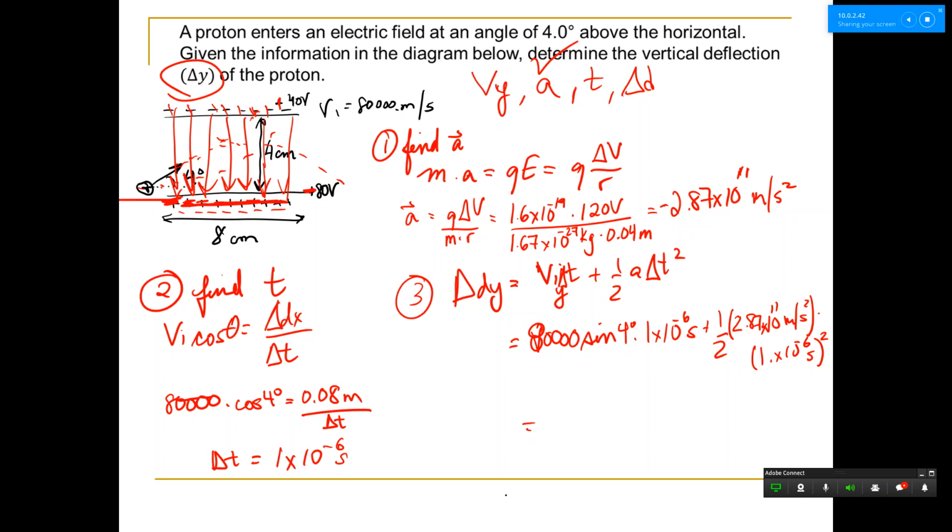Hopefully it doesn't change your final answer. The acceleration. Makes sense. Because over there I was solving for VIX, and here it's VIY.